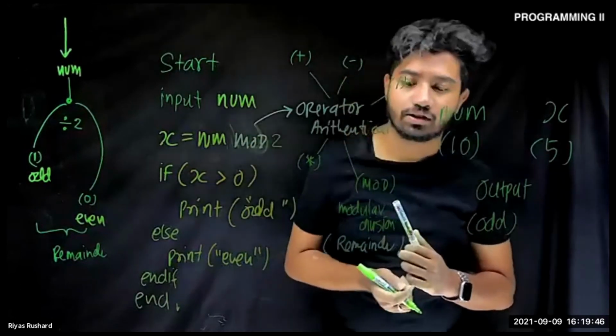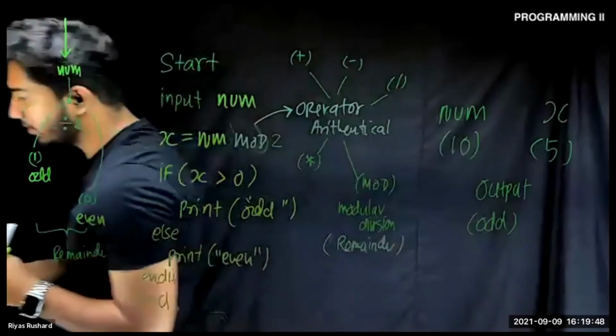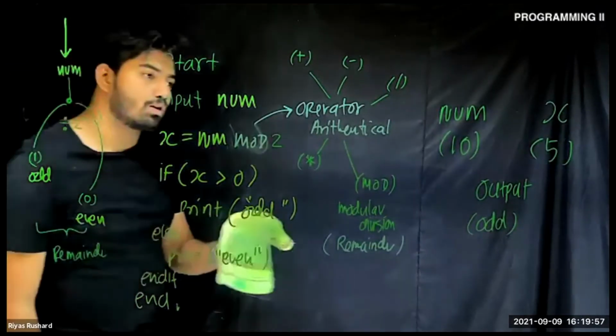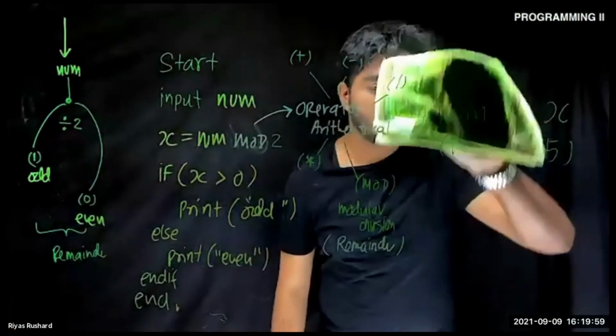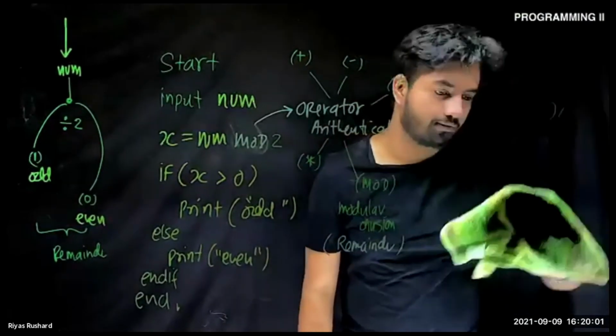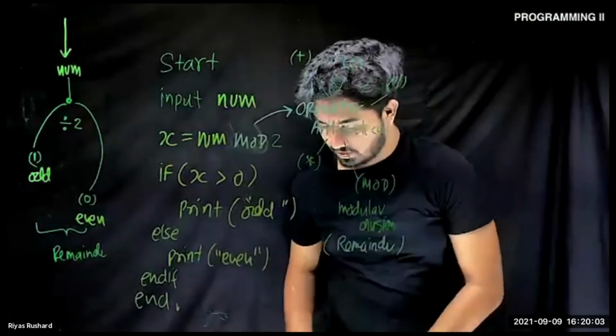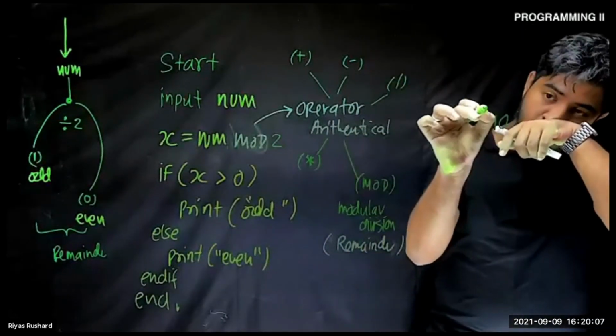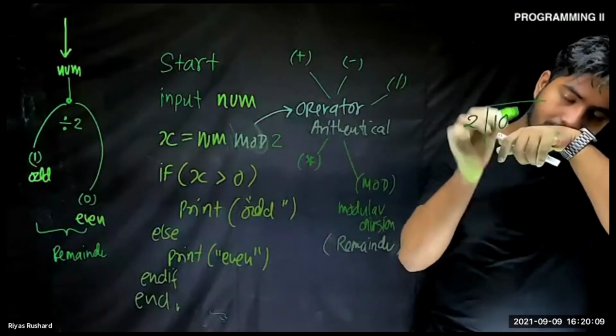Now what is mod? We'll go for it. Okay, did you understand that? We should use mod in order to do the question. Now how mod works is, for example, 10 divided by 2.